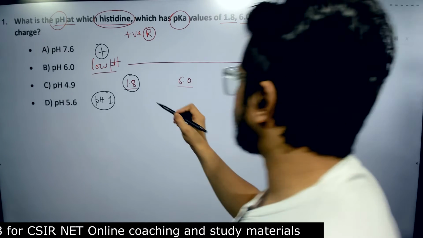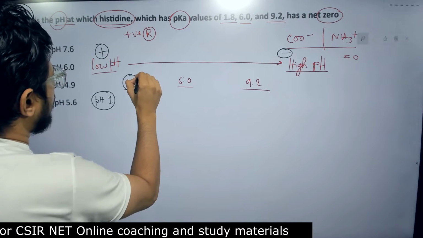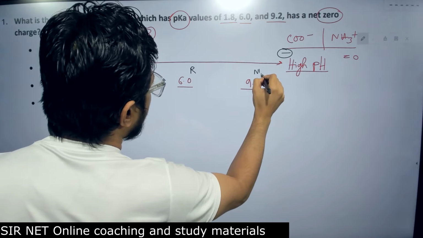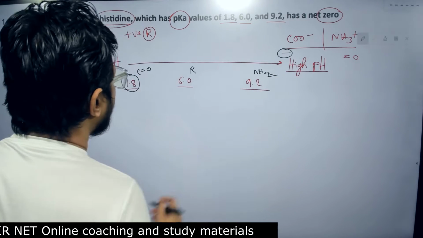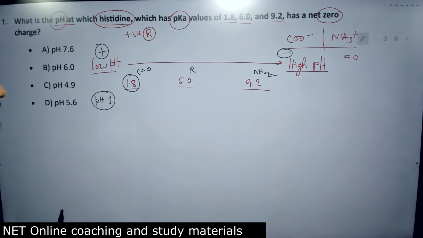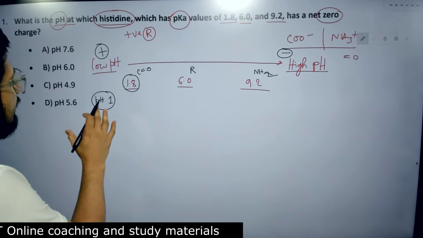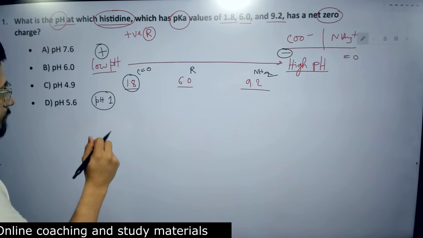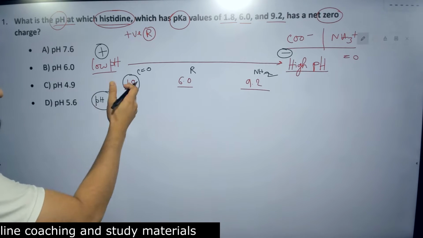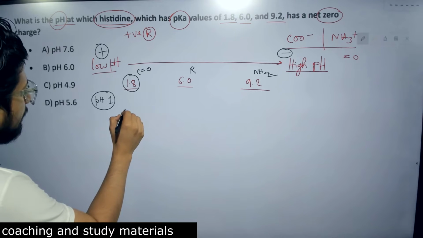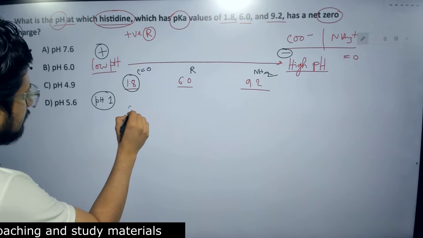So here this one is for the carbonyl group, this one is for the R side group, and this one is for the amino group, let's say. So at the lowest pH, pH 1, what is the net charge going to be? pH is less than pK, so all are protonated. So the carbonyl group will be fully protonated here, COOH.